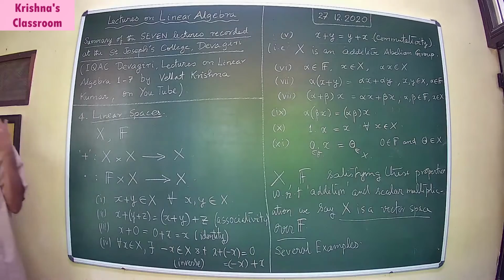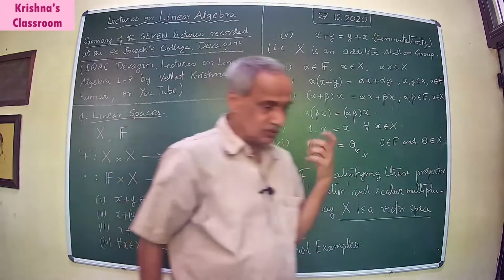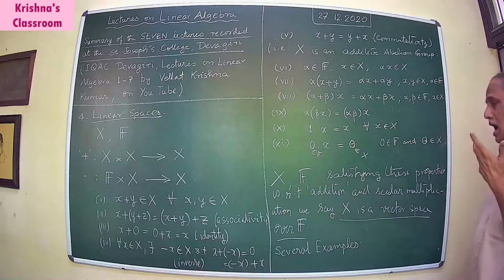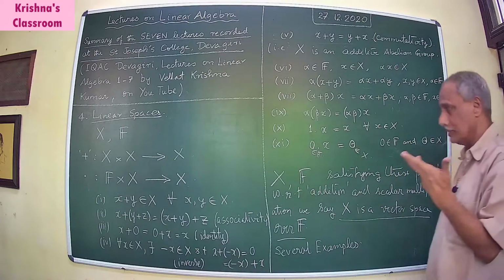R is a vector space over R. R2 is a vector space over R.